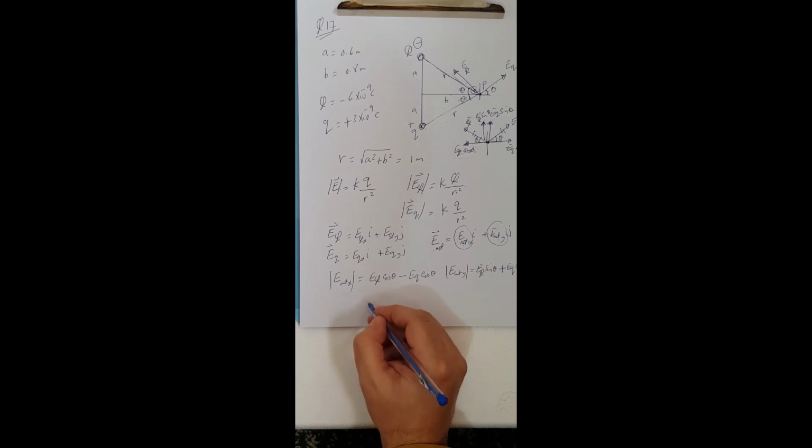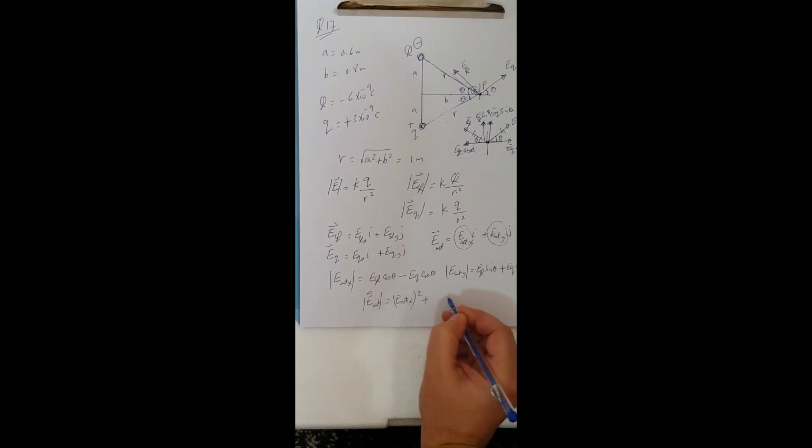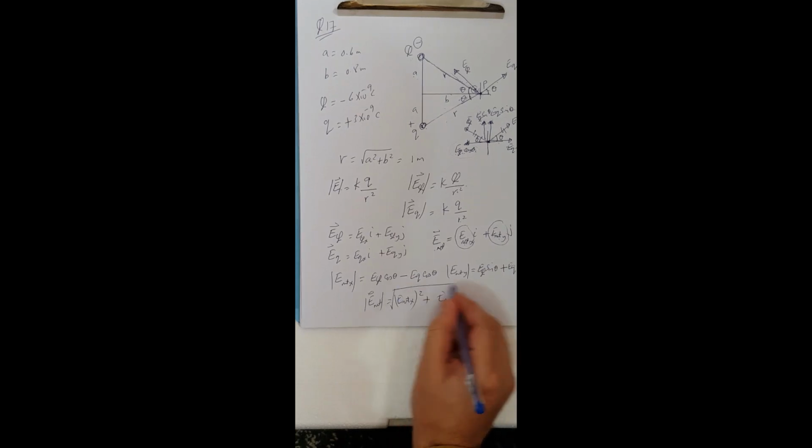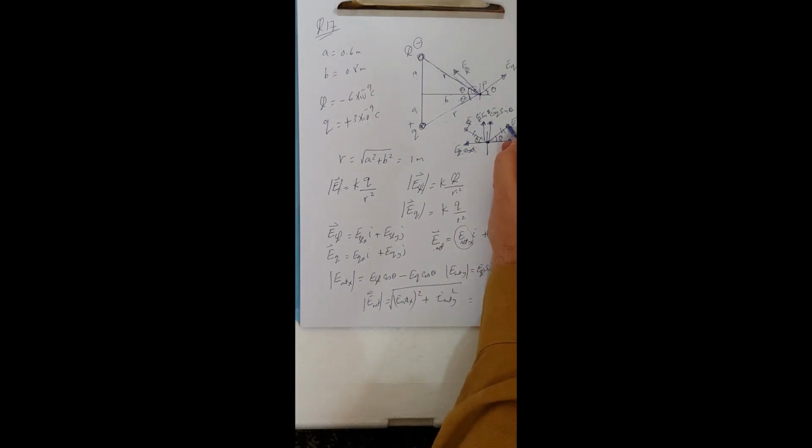Once we have that, we say E net total is the square root of E net x squared plus E net y squared, and you get the value which is given. Now I'll show you the page which I solved in detail, but just remember it's all about vectors.